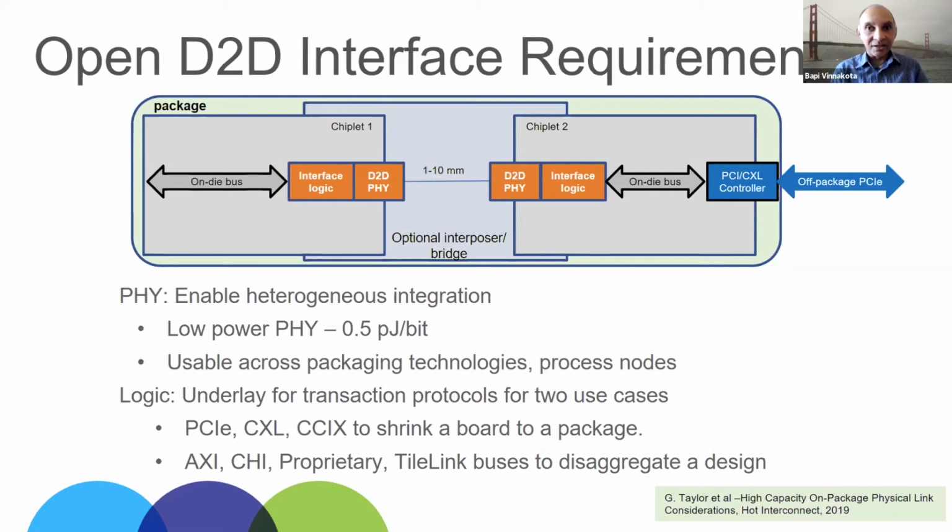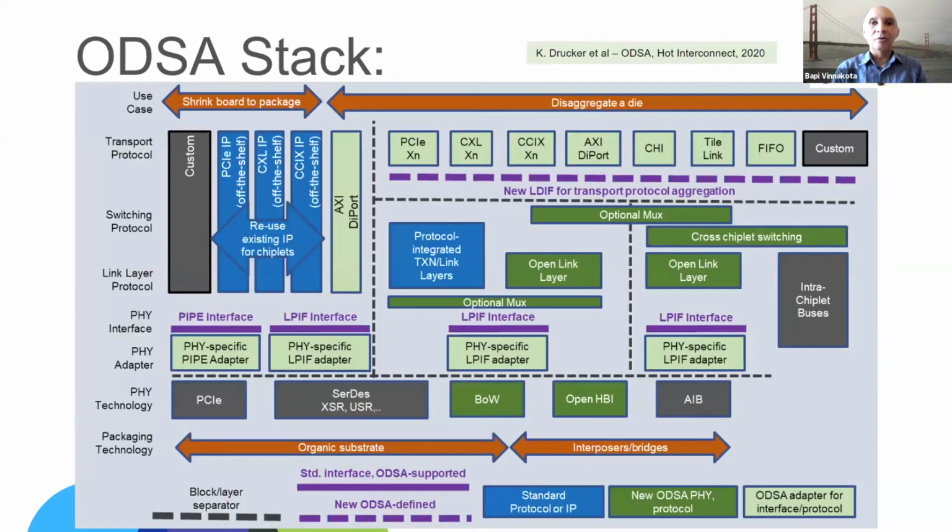But at the same time, we as a community want to give system designers the opportunity to try out multiple PHY technologies. We are not smart enough to declare one technology to be a winner. What we're trying to do as a group is set the rules of the road, as it were.